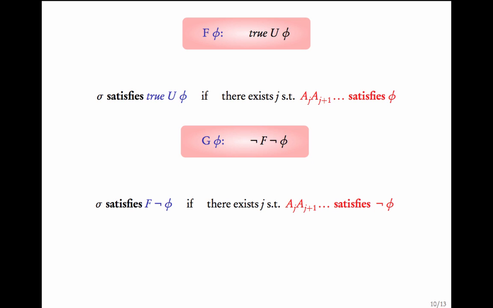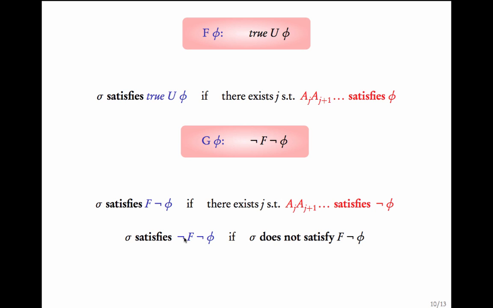Now, when does sigma satisfy not of f of not phi? If sigma does not satisfy f of not phi, right? So this is this formula, not of f of not phi. Sigma satisfies not of f of not phi if sigma does not satisfy the thing inside the negation.